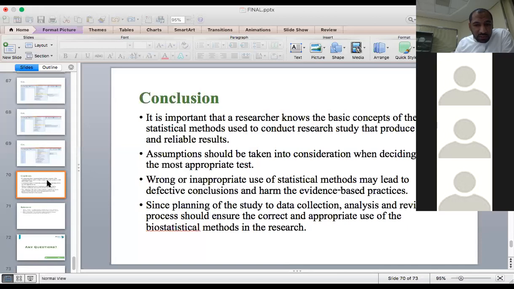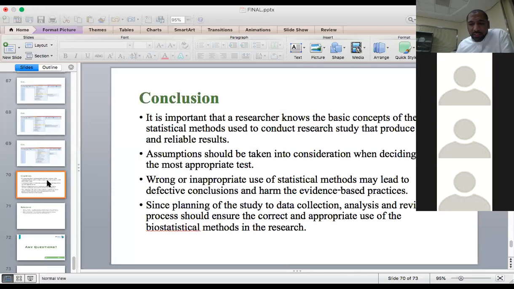Wrong or inappropriate use of statistical methods may lead to defective conclusions and harm evidence-based practice. From the planning of the study to data collection, analysis, and review process, we should ensure the correct and appropriate use of biostatistical methods in the research.